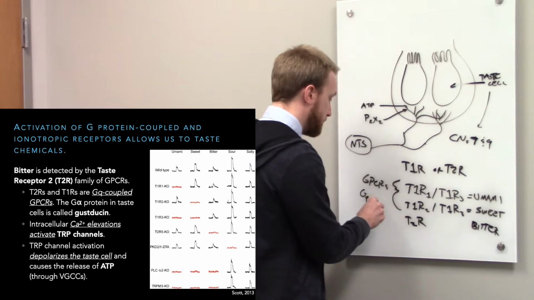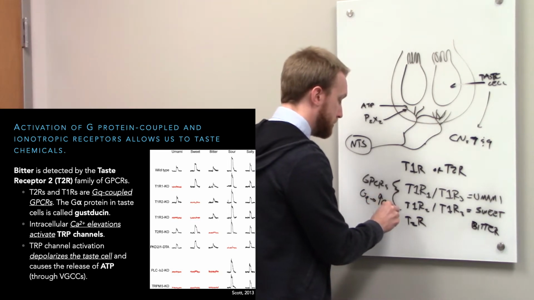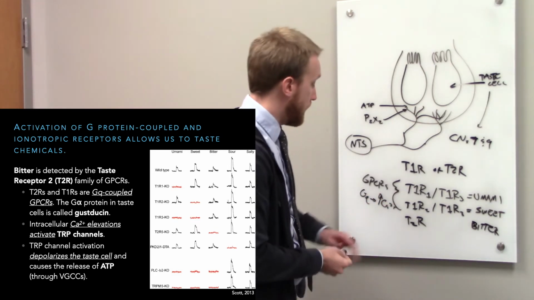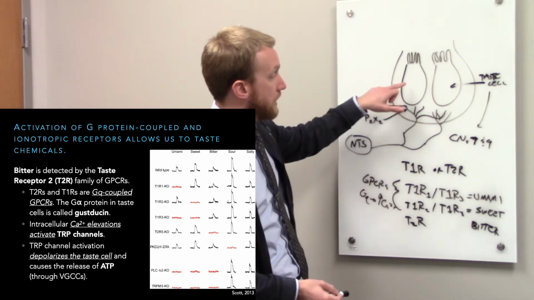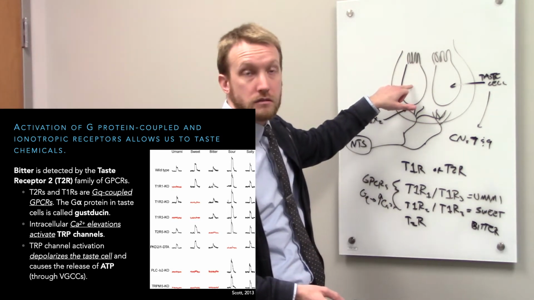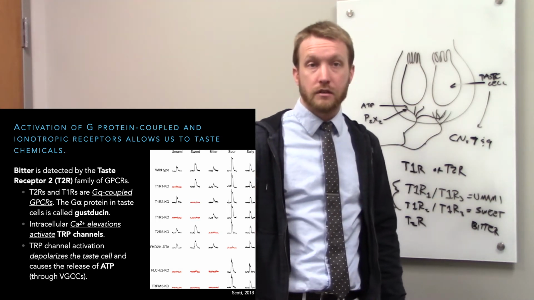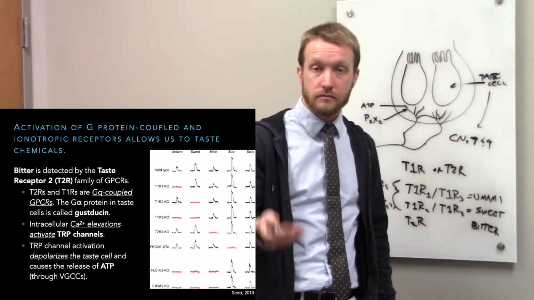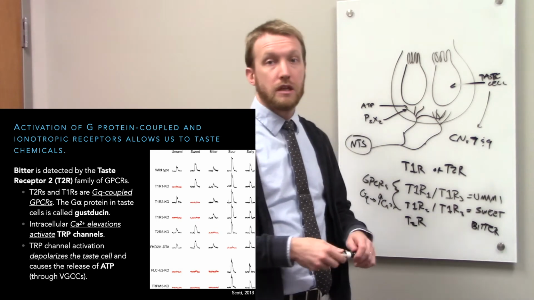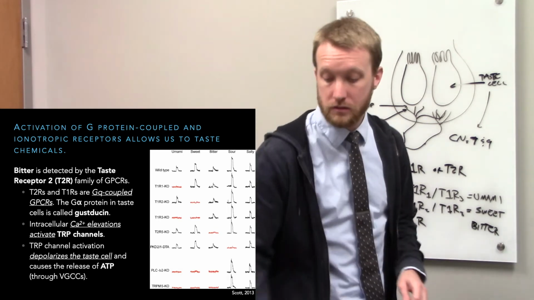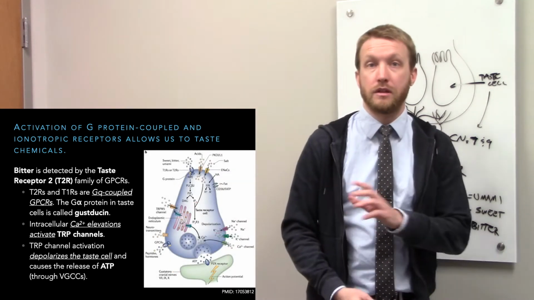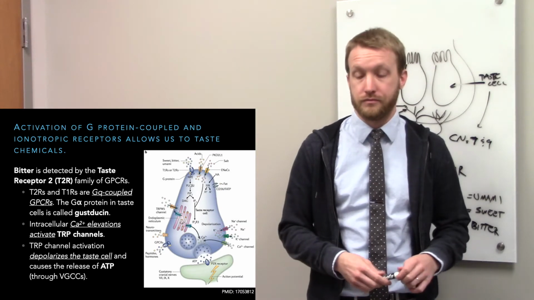So these are, of course, going to increase intracellular calcium, just like they did in Lecture 9, and that's going to stimulate the release of ATP in taste cells. The elevation in calcium is going to stimulate TRP channels that are going to further drive depolarization, and then stimulate voltage-gated calcium channels. The mechanism is shown here in this cartoon.